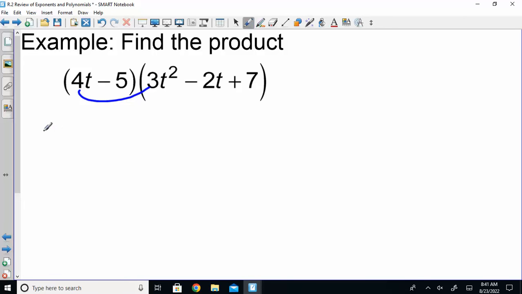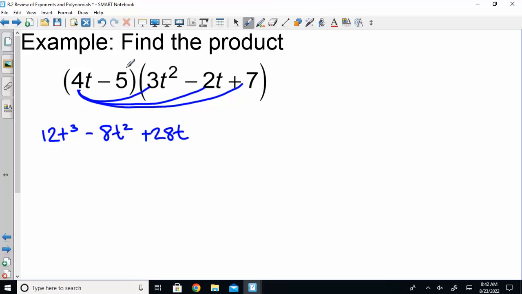So 4t times 3t squared. 12t to the third, right? 3 times 4. 4t times negative 2t. 4t times 7, 28.